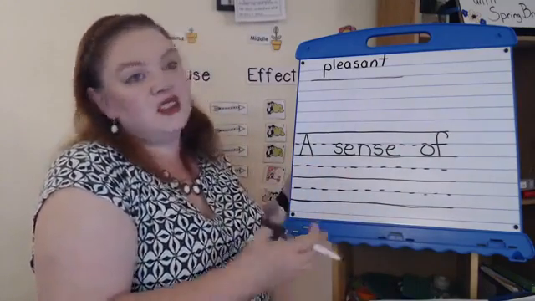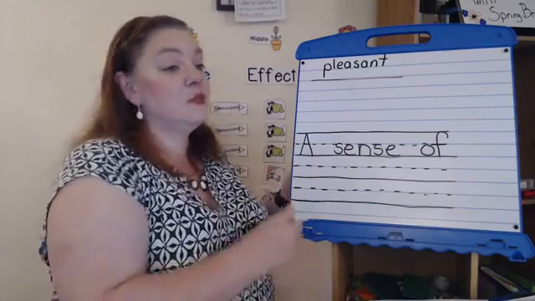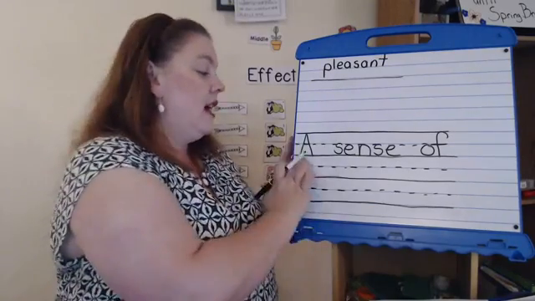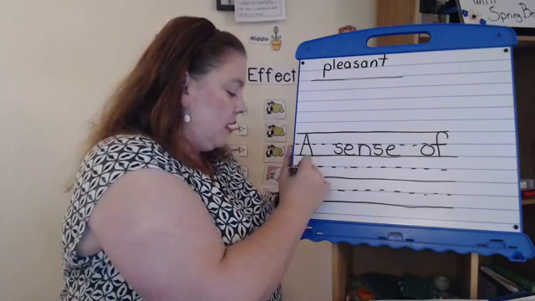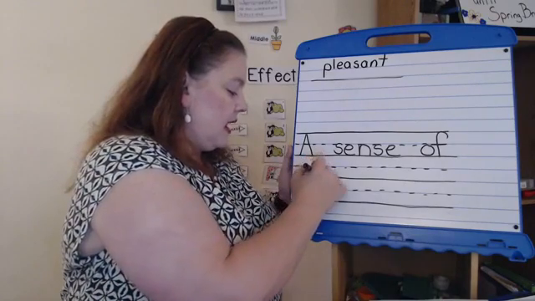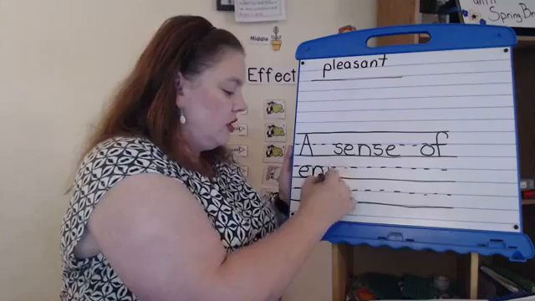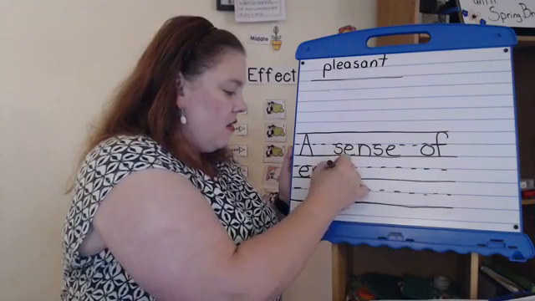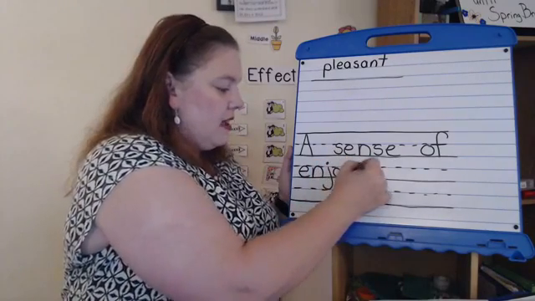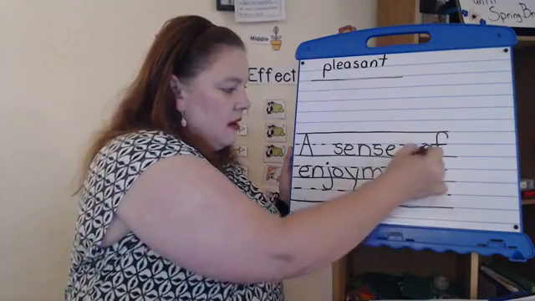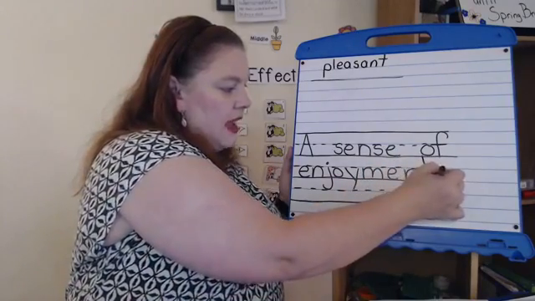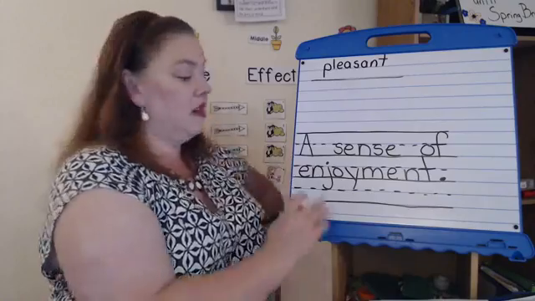This is easy practice because you're copying what I have on the board. So this is practice for handwriting practice. A sense of enjoyment. So I'm going to come down here to the next line and I'm going to write E-N-J-O-Y-M-E-N-T. Now that word's a long word, so that's why it's all by itself on this line.